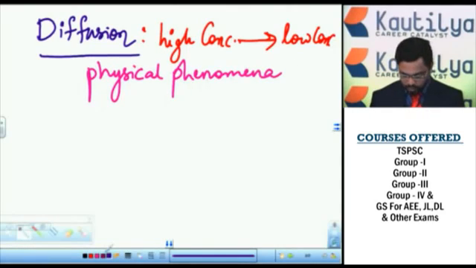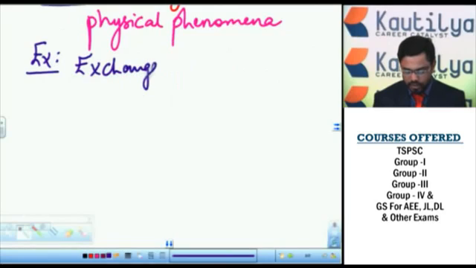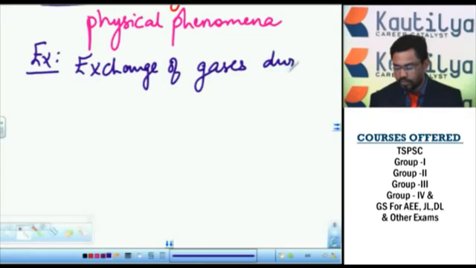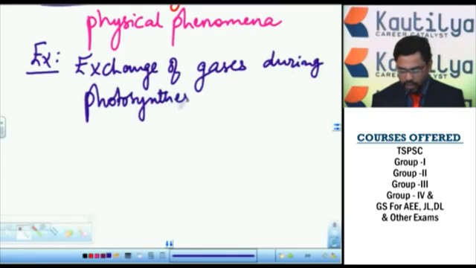For example, exchange of gases during photosynthesis and respiration.